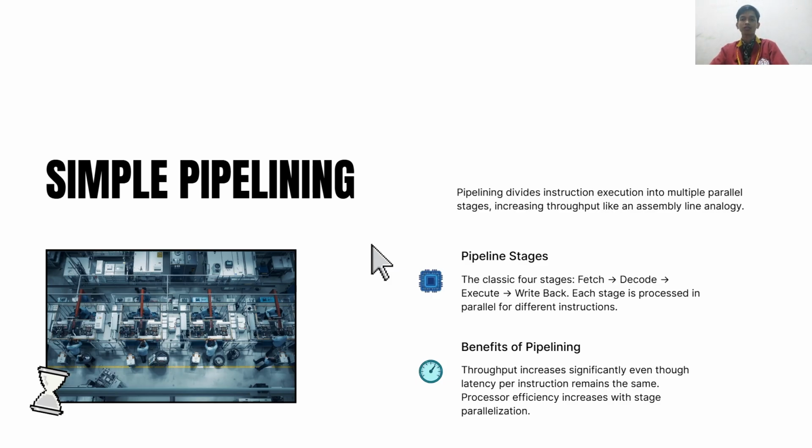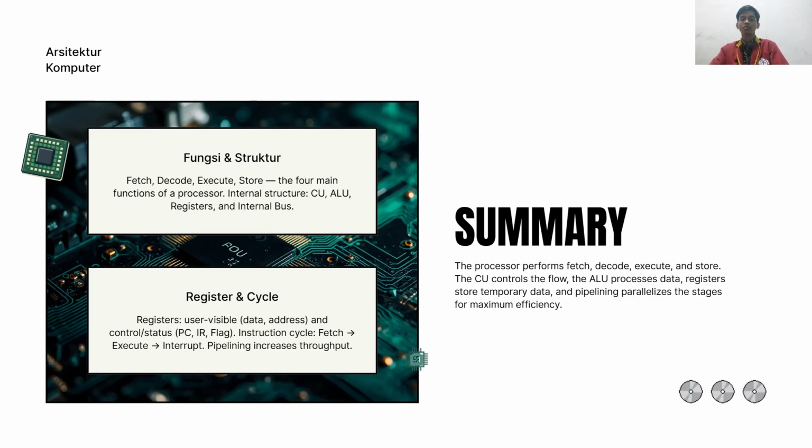To conclude, let's summarize. First, the processor has four basic functions: fetch, decode, execute, and store. Second, the internal structure consists of a control unit, ALU, registers, and an internal bus.